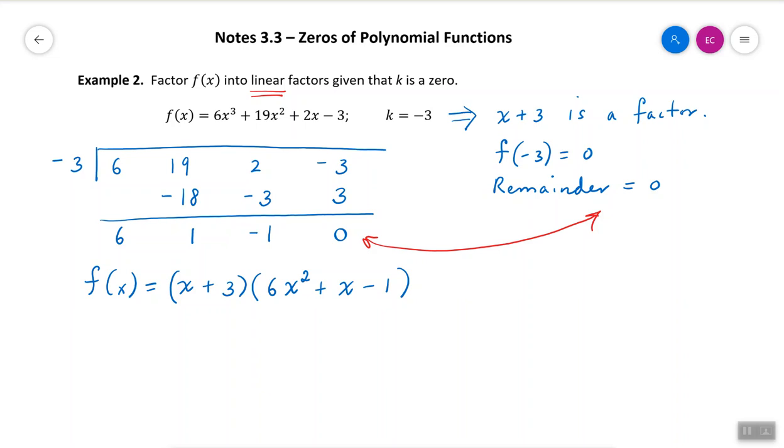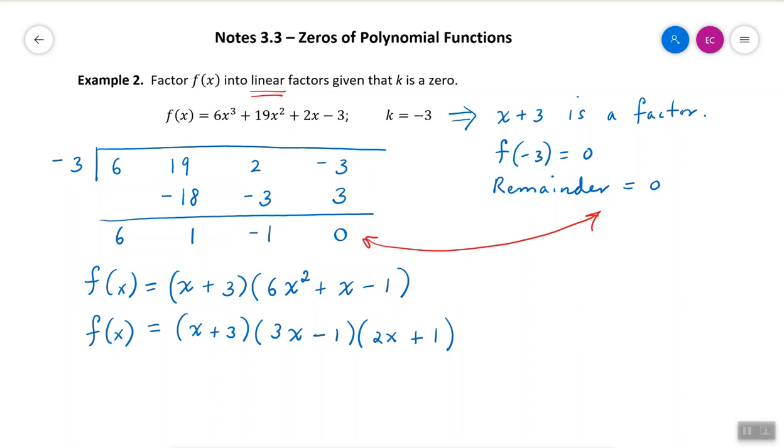with factor by grouping, or we can factor mentally. Let's see, I think we're going to wind up with a 3x and a 2x and a 1 and a 1. And then if we put a plus sign here and a minus sign here, then that should do it.